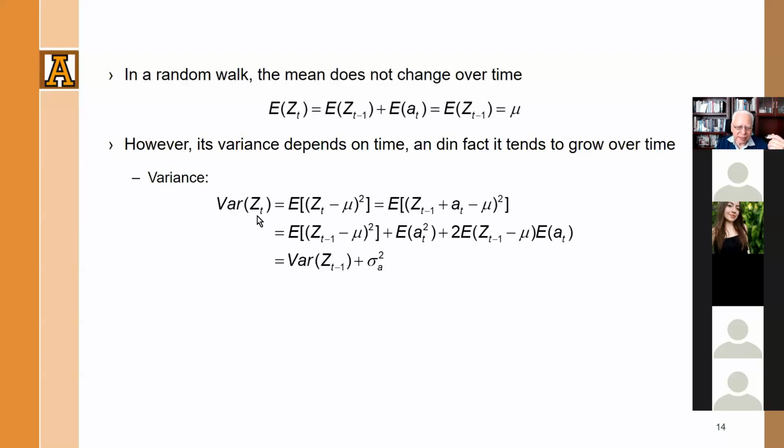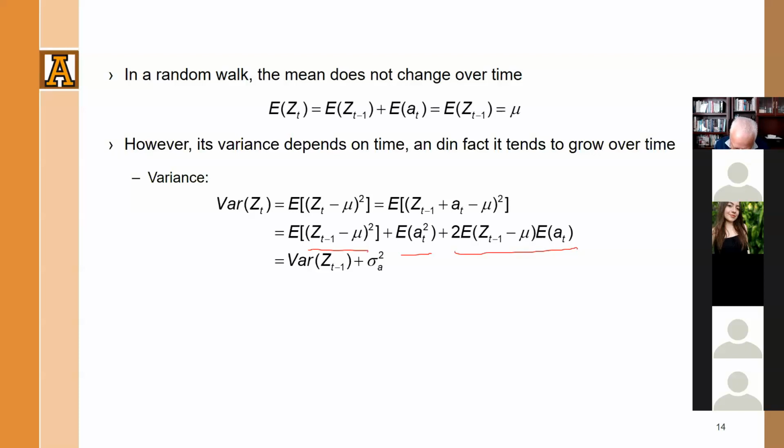If you look at the variance of Zt, it is the expected value of (Zt minus mu) squared, and that's the expected value of (Zt-1 plus At, because that's what Zt is, minus mu), all that squared. If we compute this, it will be the expected value of (Zt-1 minus mu) squared, plus the expected value of At squared, plus 2 times the expected value of (Zt-1 minus mu) times the expected value of At.